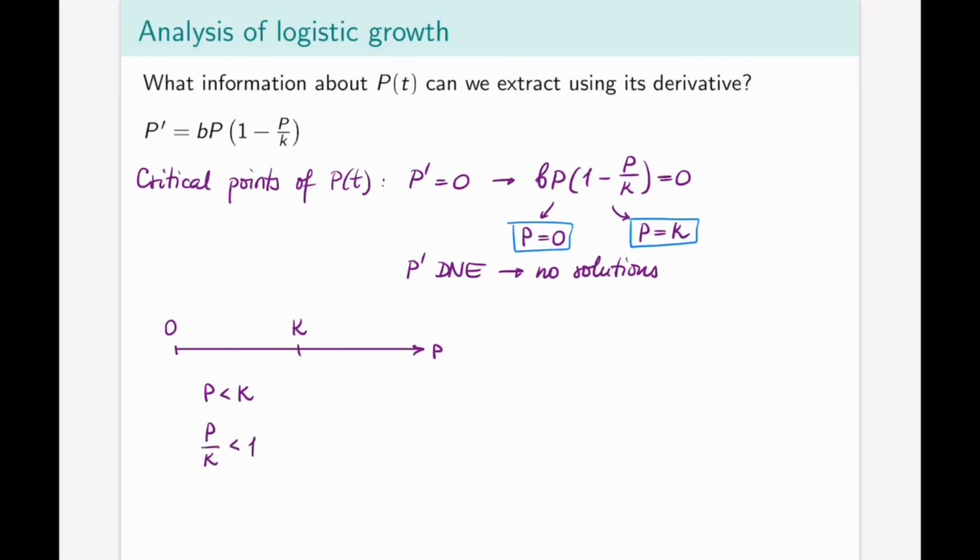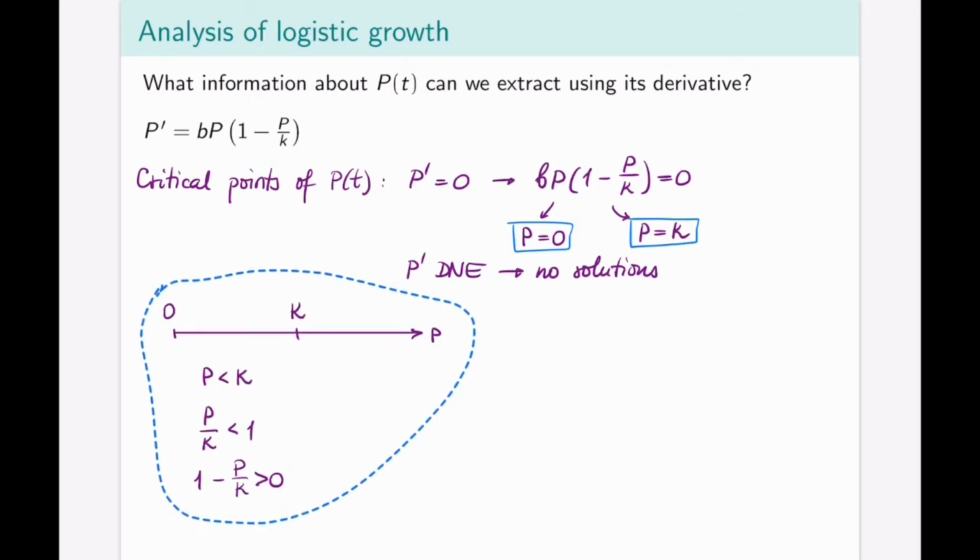If the entire quotient here is less than 1, then I'm subtracting a number smaller than 1 from 1, which means that in the brackets here, I am going to get a positive number. So 1 minus p over k is going to be positive.